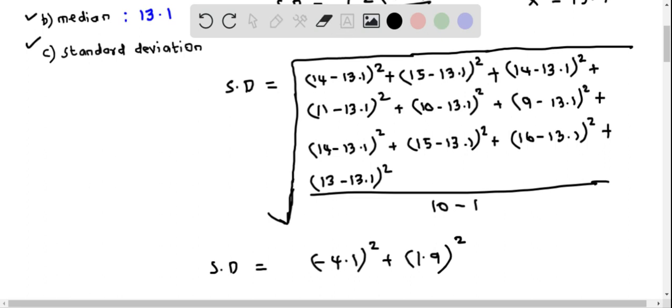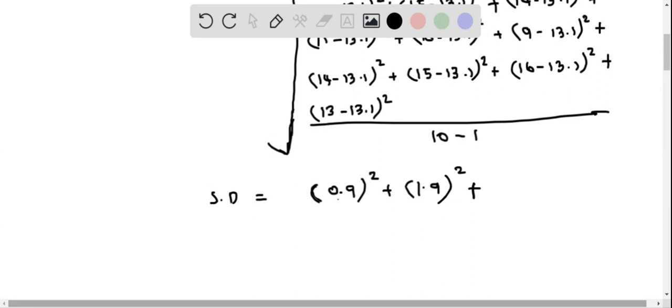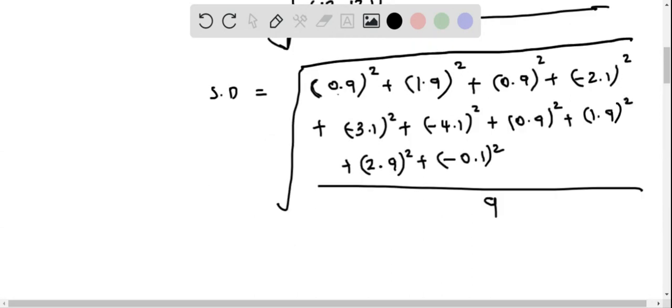This 14 minus 13.1 is actually 0.9 quantity squared. So likewise, we can fill in the rest of the values. So therefore, we will have it like this. Notice that the denominator is 9 because 10 minus 1 is 9.